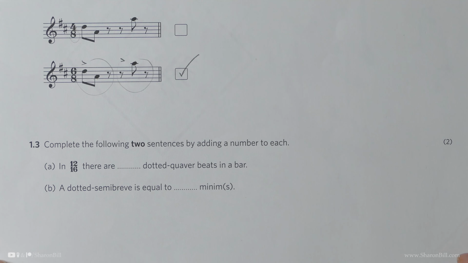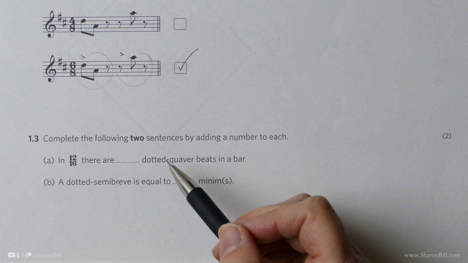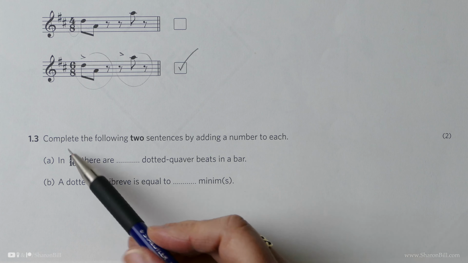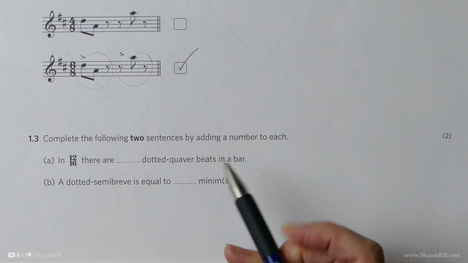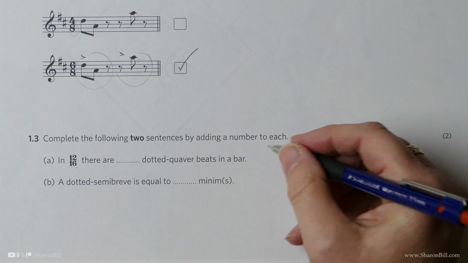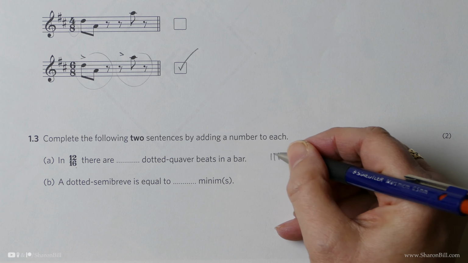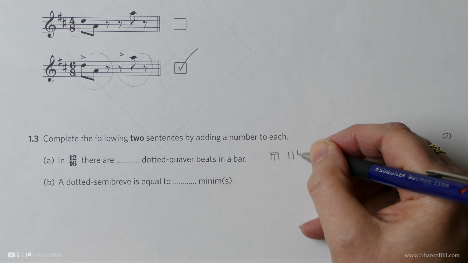And then, now complete the following 2 sentences by adding a number. So in 12/16 there are so many dotted quaver beats in a bar. Let's think about that. 12/16 is compound time. So we've got 1, 2, 3 semiquavers, 4, 5, 6.